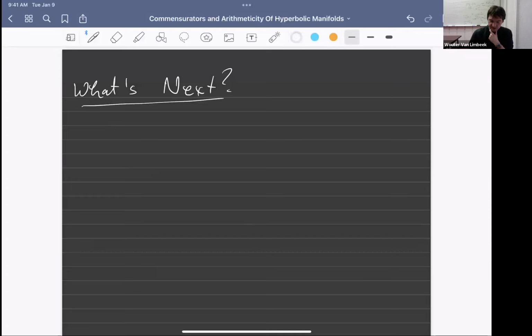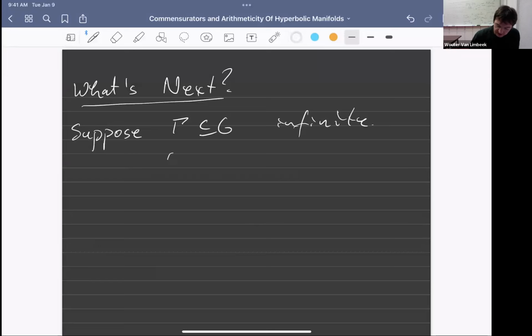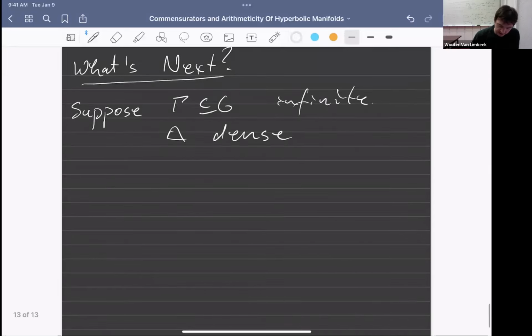So in general, suppose that we're in this setting of this Shalom problem, and delta is dense. Now, what you could try to do, and actually this is the very first thing we did, is to mimic Margulis' proof when gamma is a lattice. And this proof, unfortunately, breaks in two places.